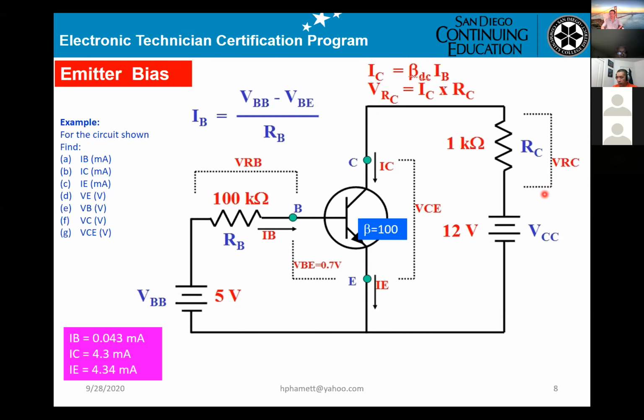And the last one, they want VCE, from C to E. VCE equals VC minus VE. And you know VE is 0. So VCE also equals VC, 7.7 volt.